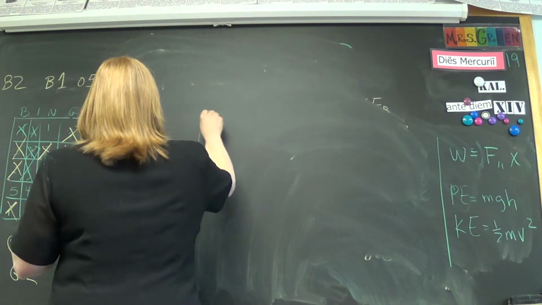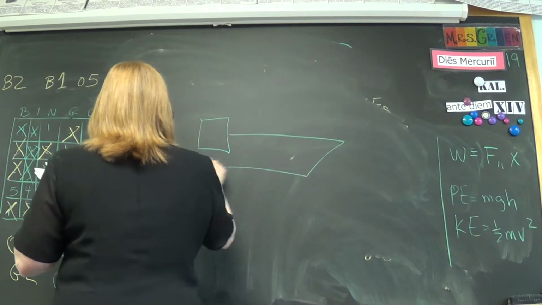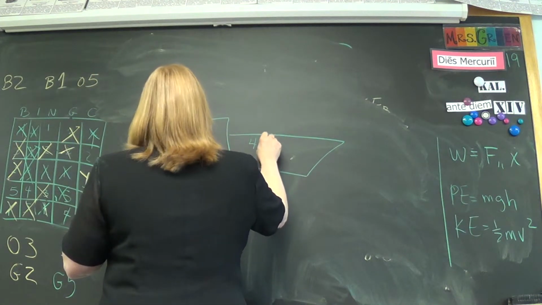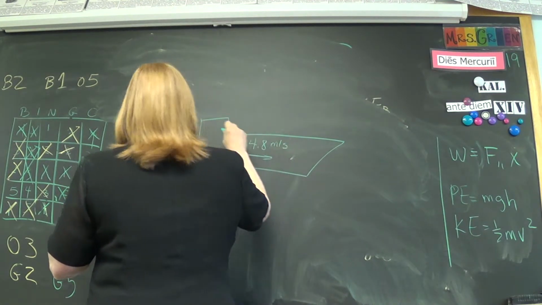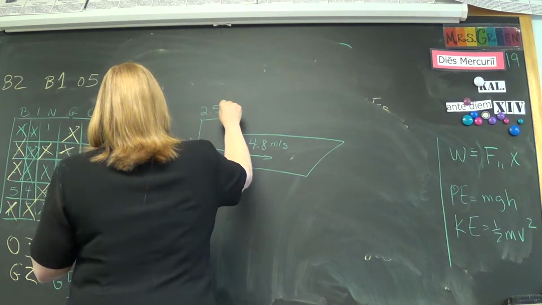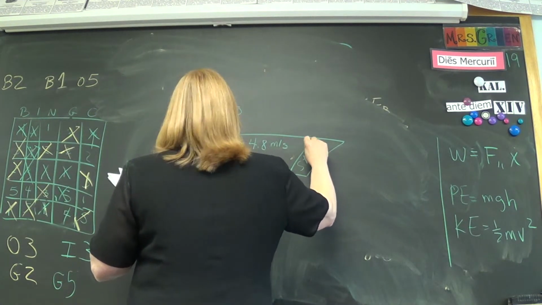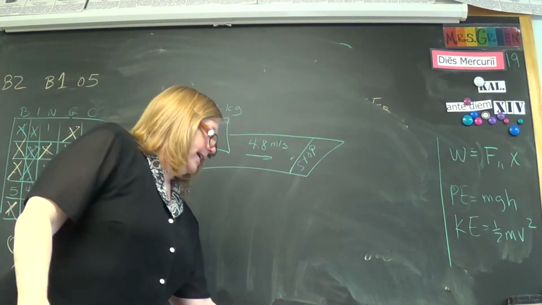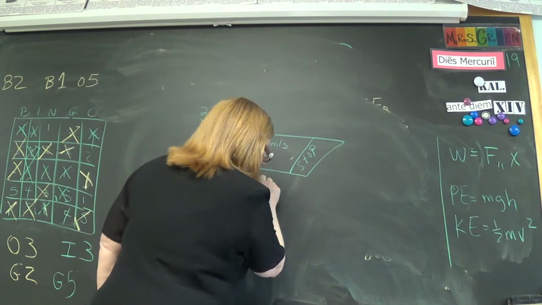We're gonna kick it across a table, or I guess across the floor, and it's going to be kicked at 4.8 meters per second. The box is 2.5 kilograms, and it's gonna come to a complete stop. I wanna know how far it will go when the kinetic coefficient is 0.42.